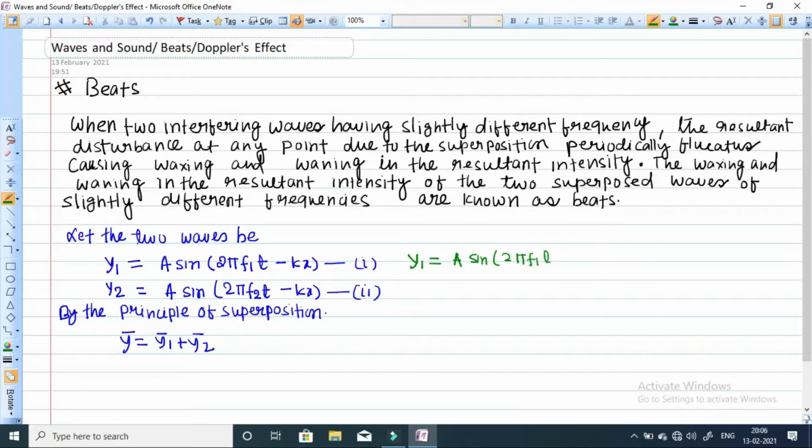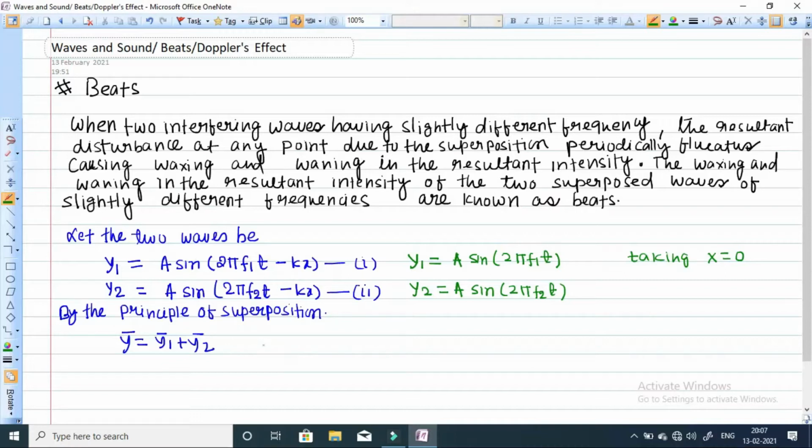If we are interested only in analyzing the effect on the resultant displacement due to the difference in frequency, then I take x equals 0. Similarly the second equation can be written as y2 equals a sin 2 pi f2 t. By taking x equals 0, these two equations reduce to y1 equals a sin 2 pi f1 t, and y2 equals a sin 2 pi f2 t.